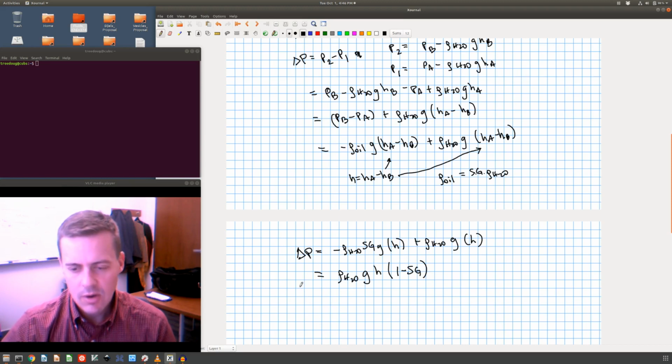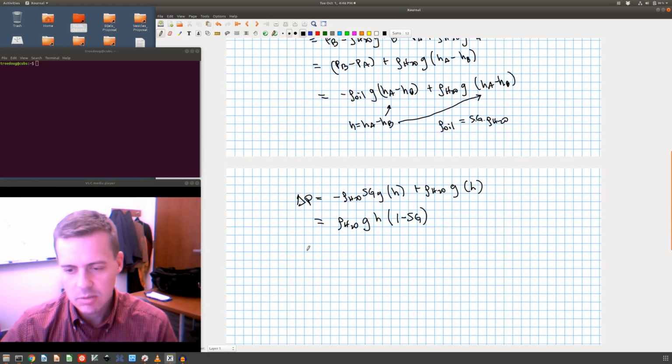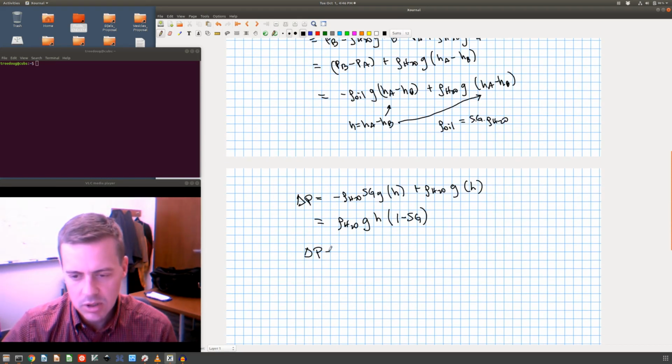So now I think I have a solution, and I just need to plug in some numbers. So I have delta P is equal to rho H2O times G times H times 1 minus the specific gravity. Put a box around that.